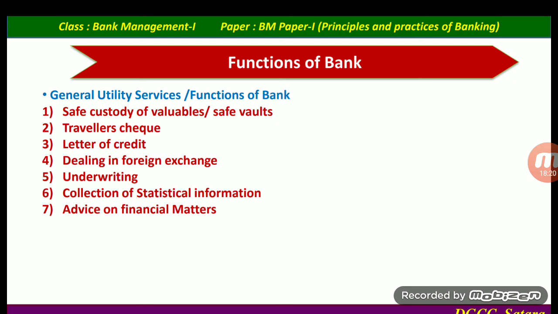But if the bank gives the guarantee that if the shares first issued, that is what we call an IPO, initial public offering, are not purchased by the public, then the bank will purchase all the shares which are not sold. So it is called underwriting.